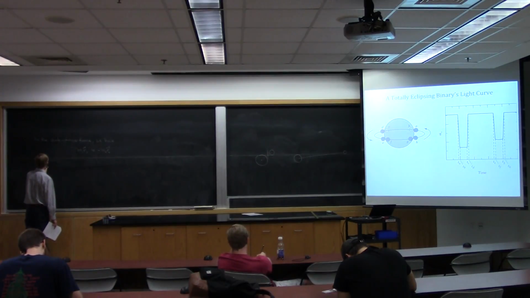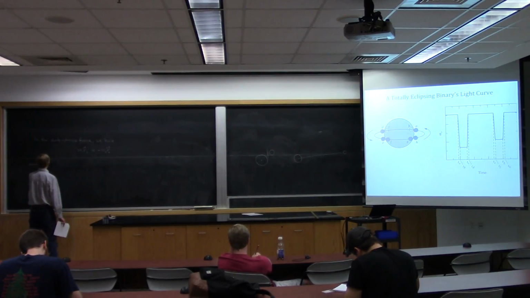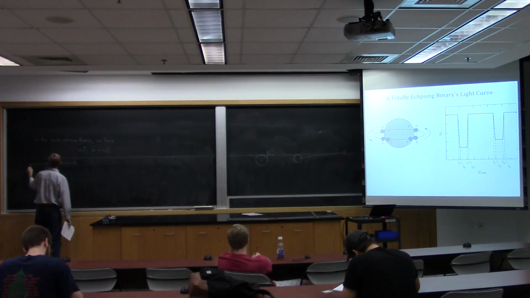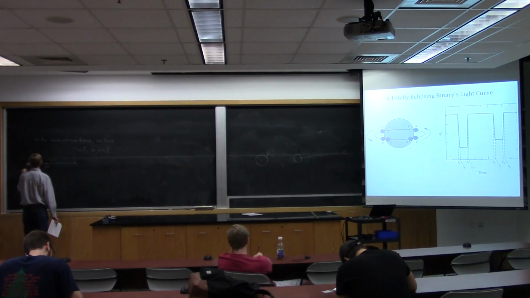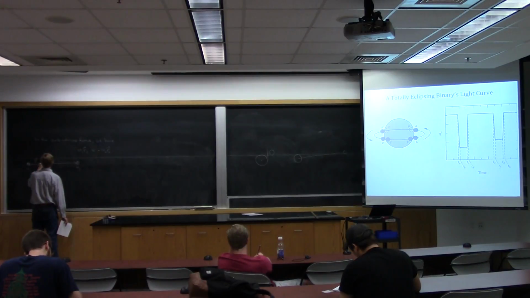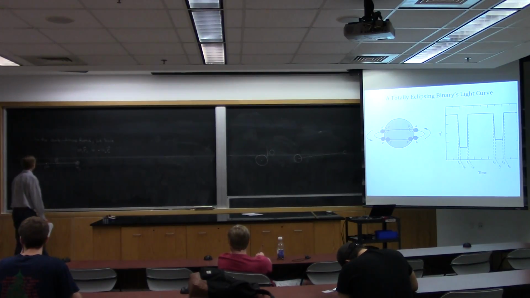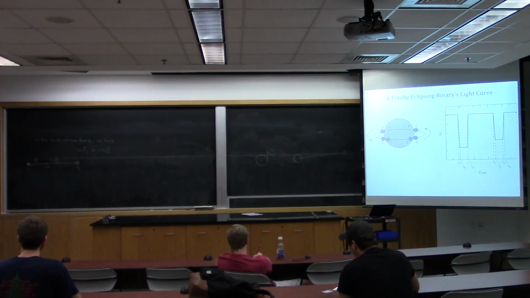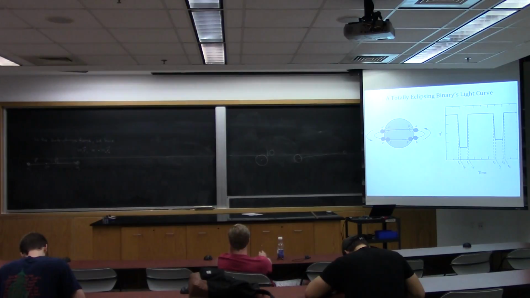If this is the center of mass, and we use that as the origin, there's star 1 with mass M1, there's star 2 with mass M2. If the position vectors of the two stars are R1 and R2, then M1R1 in magnitude is equal to M2R2, but they're pointing in opposite directions, so M1R1 is minus M2R2. Happy with that?